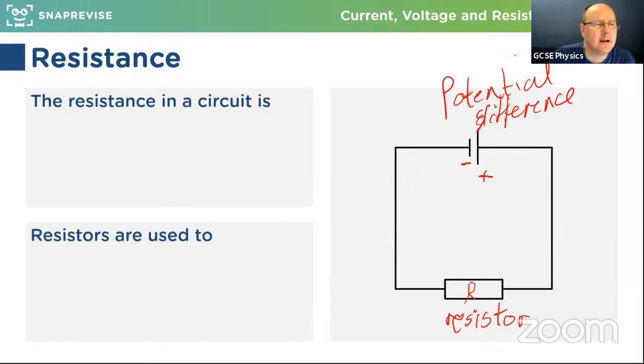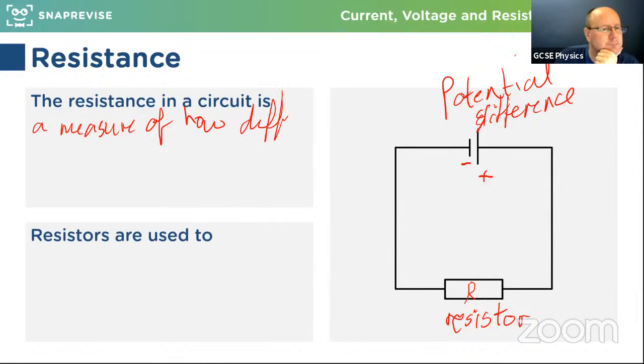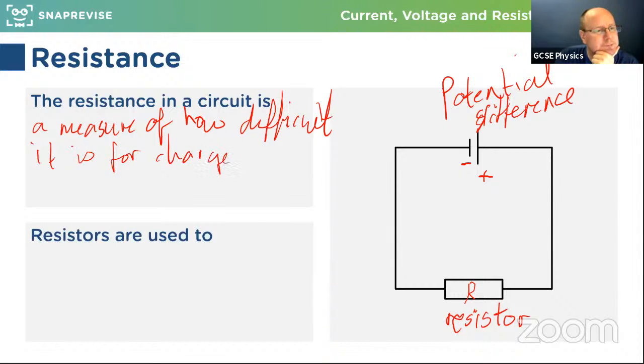There we go. So the resistance of the circuit is a measure of how difficult it is for charge to flow through the circuit.